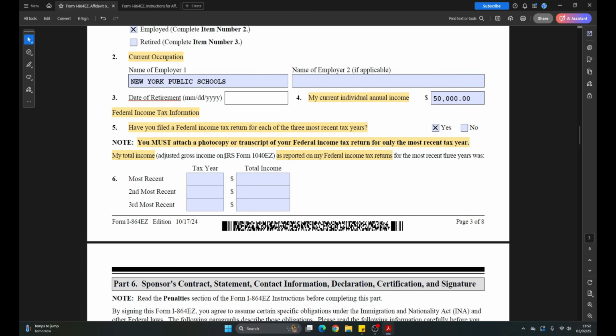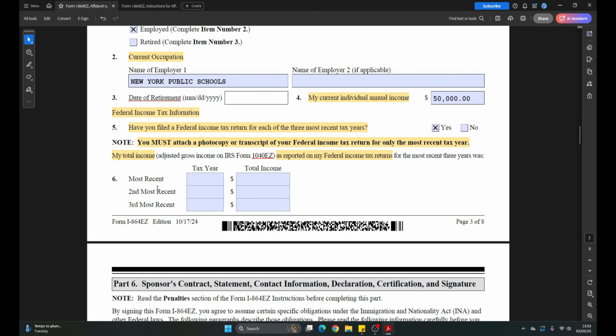It will get your form rejected, especially if your AGI is different from total income. Only include AGI if you filed the form 1040EZ, but in my understanding, this form doesn't even exist anymore. So in either case, you have to be writing your total income.